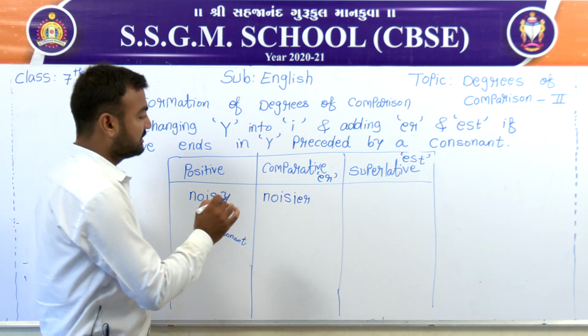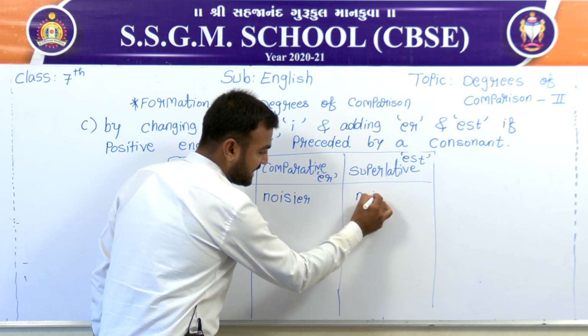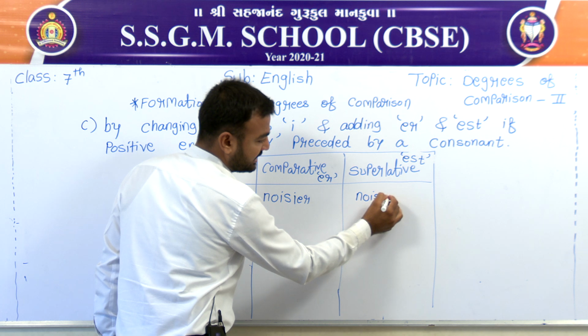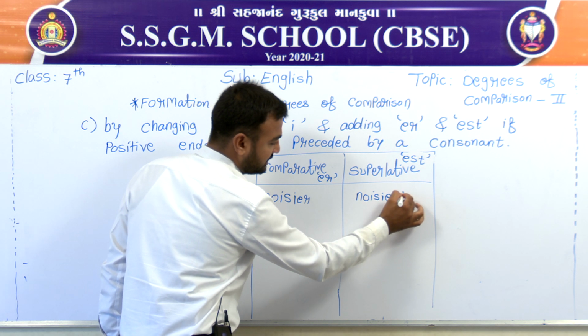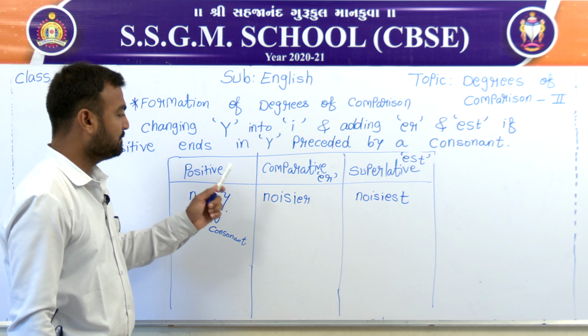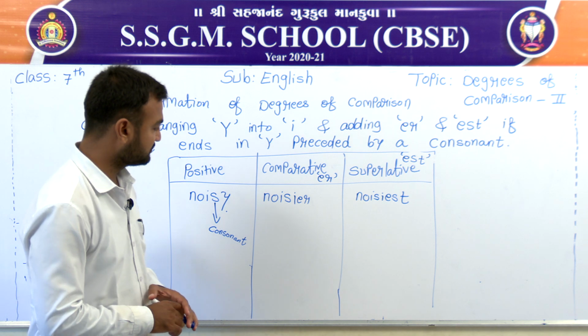Then likewise over here, NOIS, we change y to I and then EST. So the degrees become like this: noisy, noisier, noisiest. Understood, students?